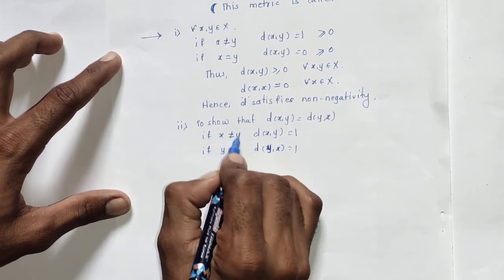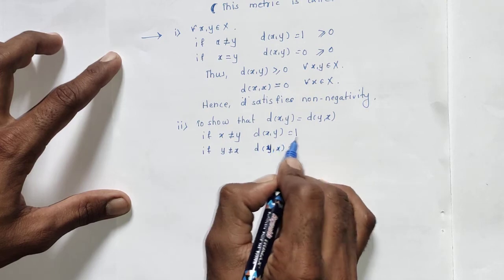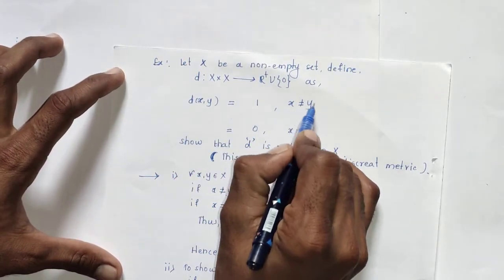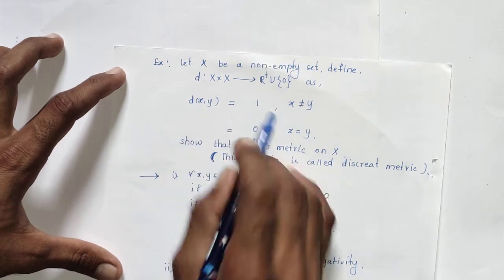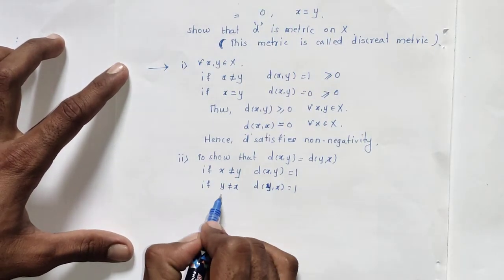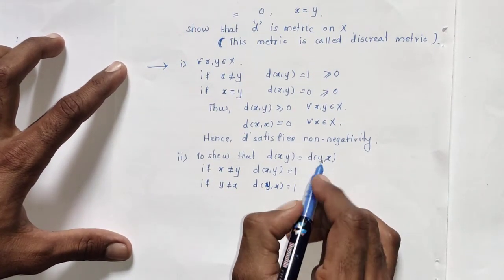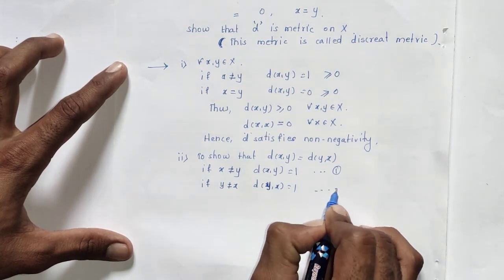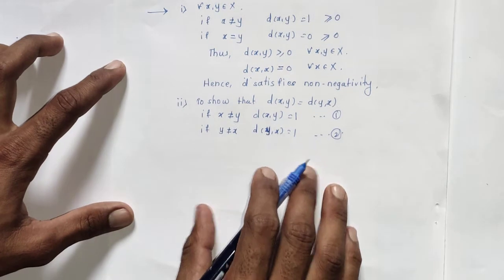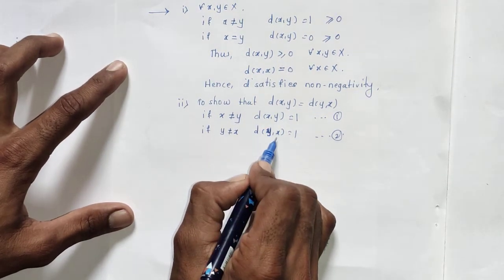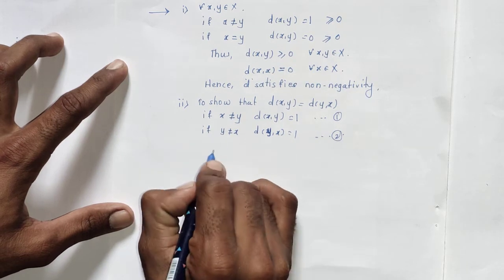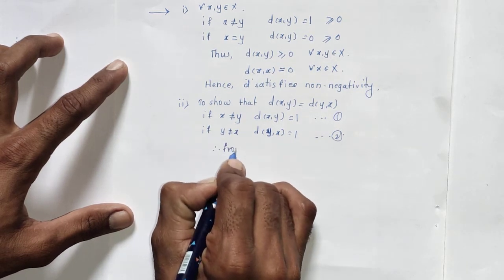Suppose x is not equal to y, then distance of xy is equal to 1, this is the definition of the discrete metric. Similarly, if y is not equal to x, then distance of yx is equal to 1. Suppose this is equation 1 and this is equation 2. From equations 1 and 2, we can say that distance of xy is equal to distance of yx, since both are equal to 1.